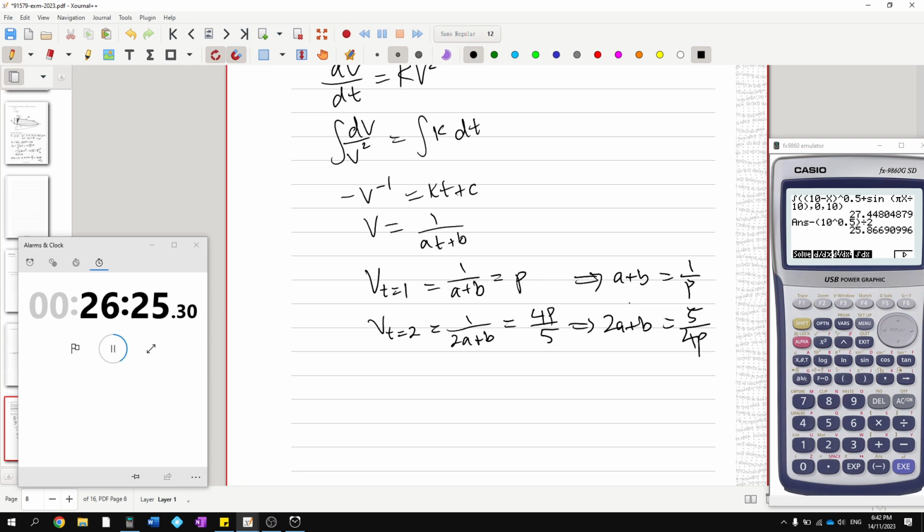Now we subtract the first equation from the second equation, and we get a equals 5 quarters minus 1, which is 1 quarter. And then we just sub back for b. 1 minus 1 quarter is 3 quarters.